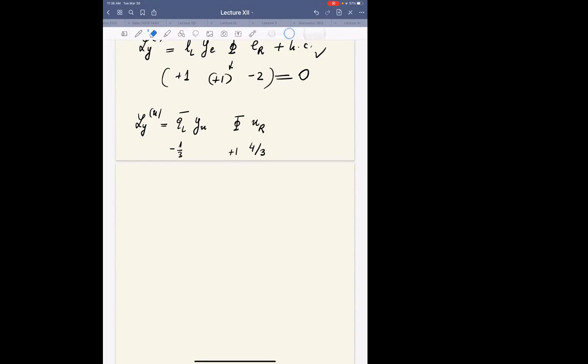I can't do that. So what should I do? It won't help me to add a triplet. It won't couple here. After all, I have a singlet, and then I have a doublet.